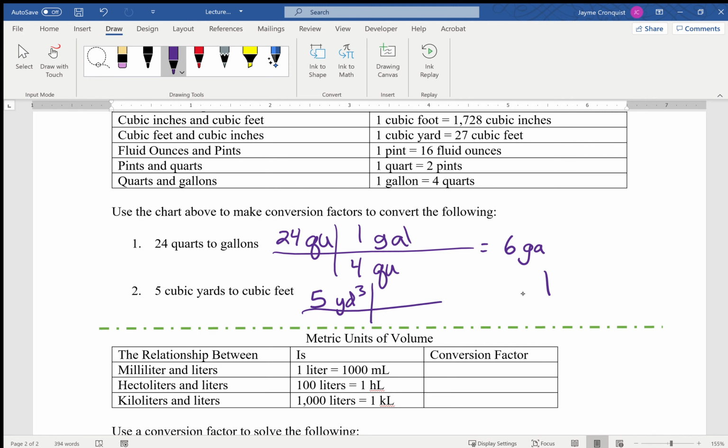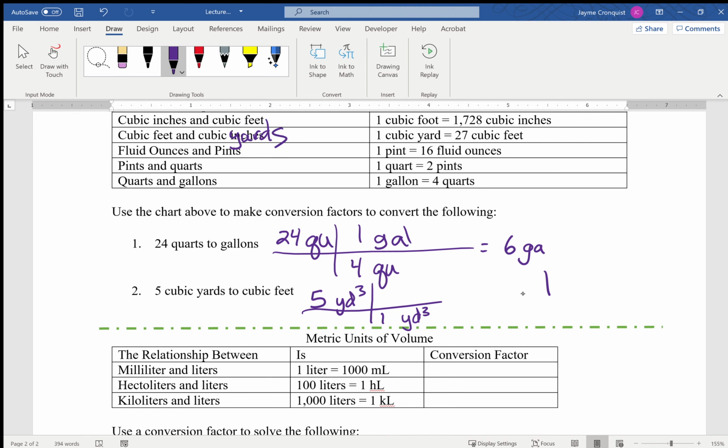We know that in 1 cubic yard, oh, sorry, this should say feet and yards. 1 cubic yard is equal to 27 cubic feet.